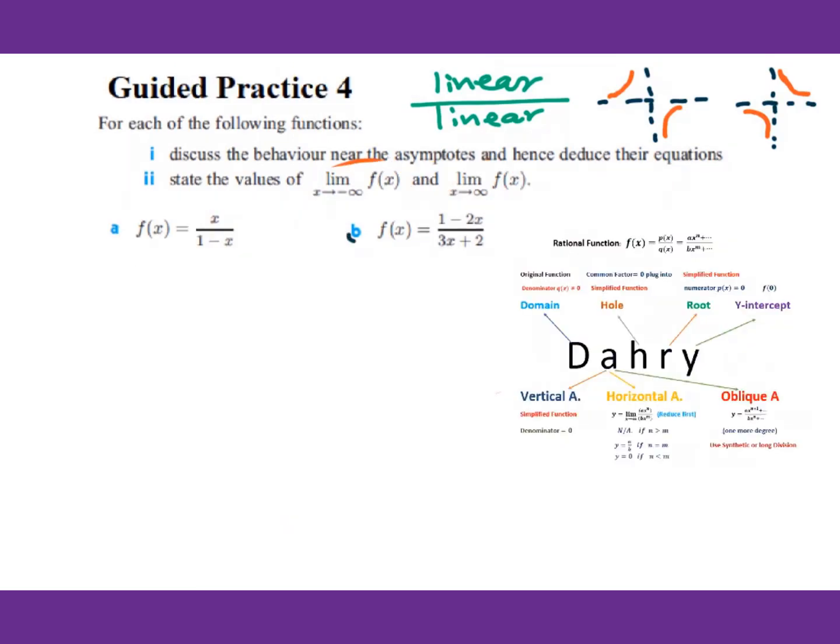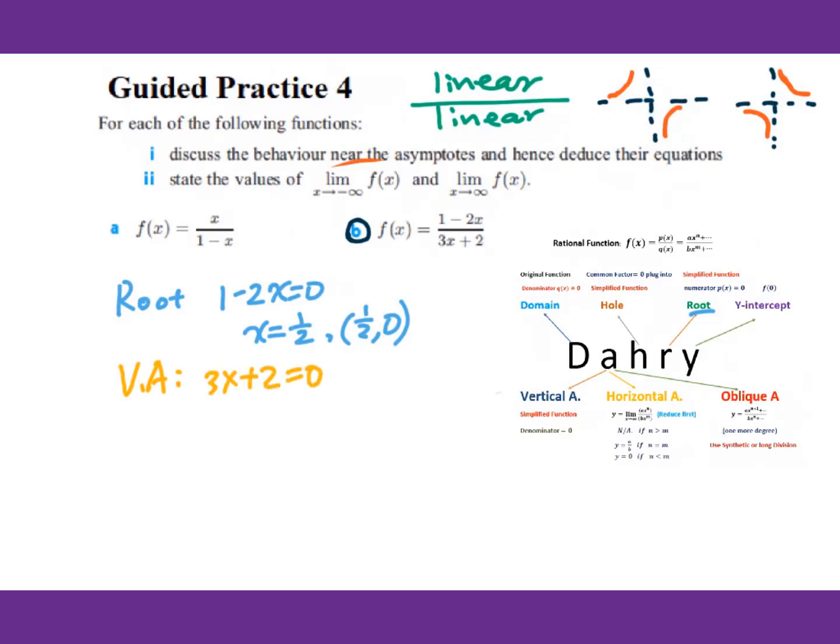Now let's go to this b. For the root, you make the top equal to 0. 1 minus 2x equals 0, so x equals 1/2. We can write down 1/2, 0. For the vertical asymptote line, we make the denominator equal to 0.